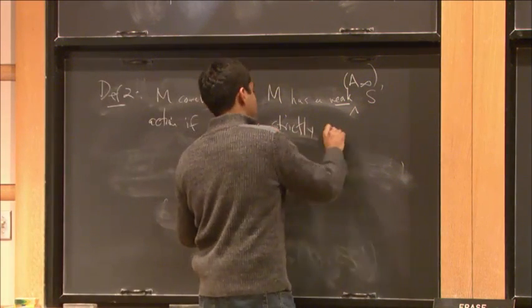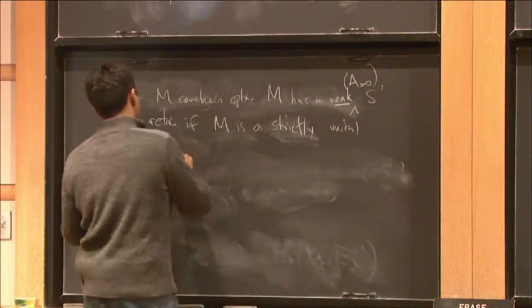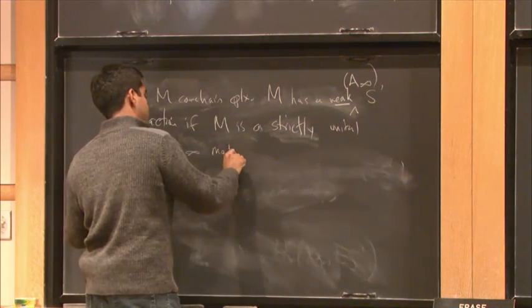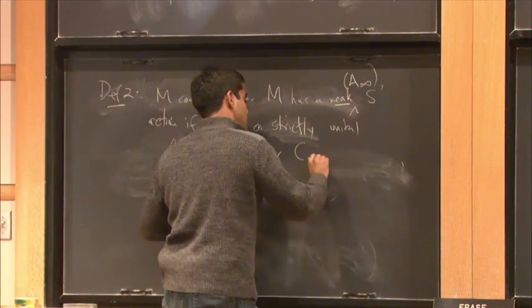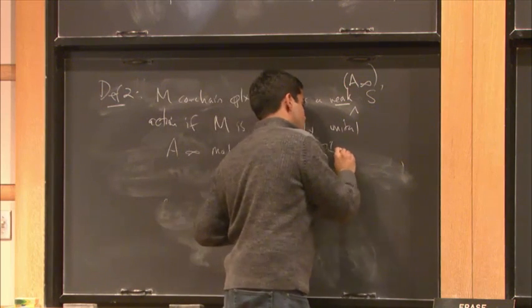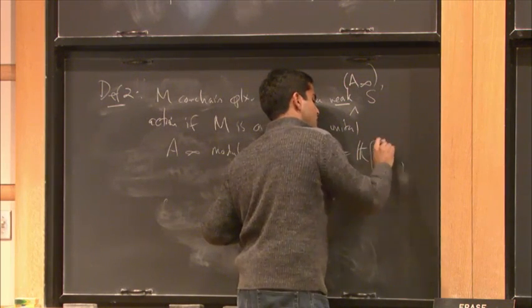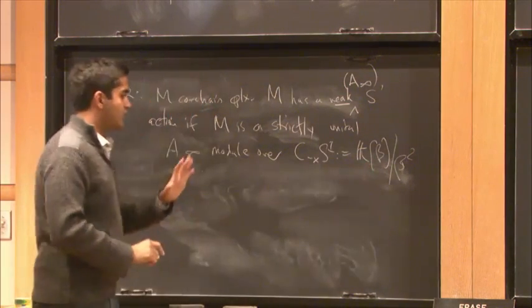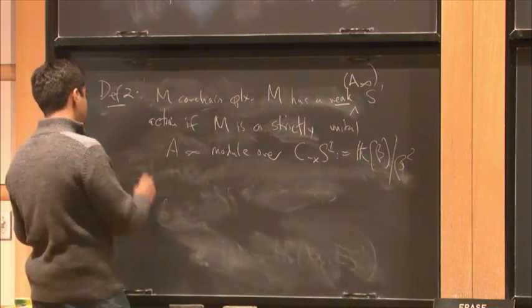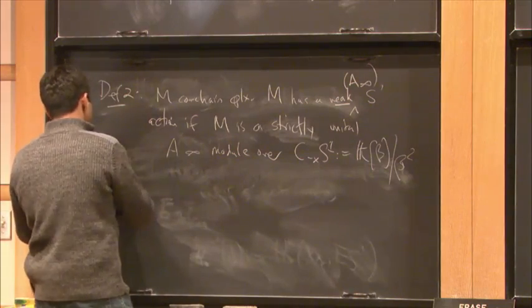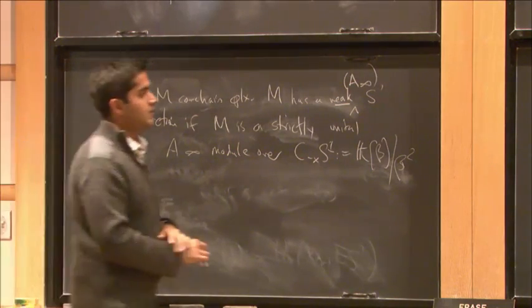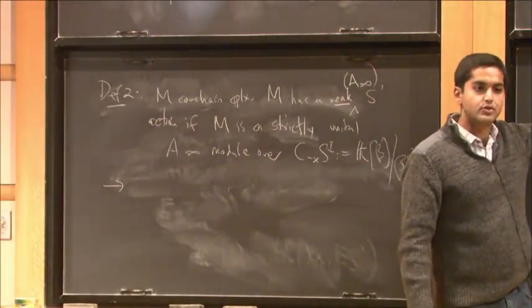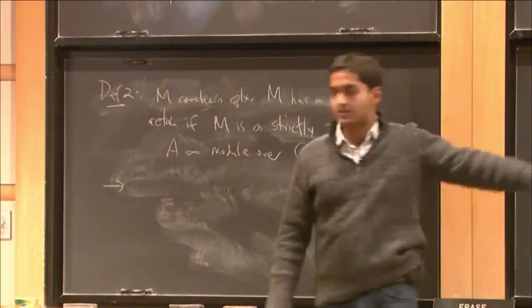So if it's a strictly unital A infinity module over chains on S1, which, for concreteness, I'm using this very particular model of chains on S1. Okay, what does this really mean? It just means, let me translate this into this language. So what sort of operators do we need and what relations do we need to satisfy?